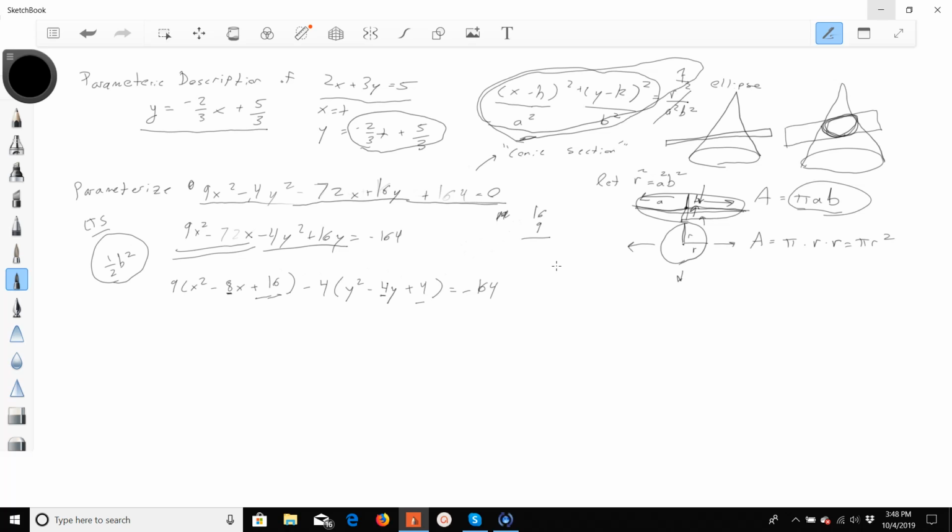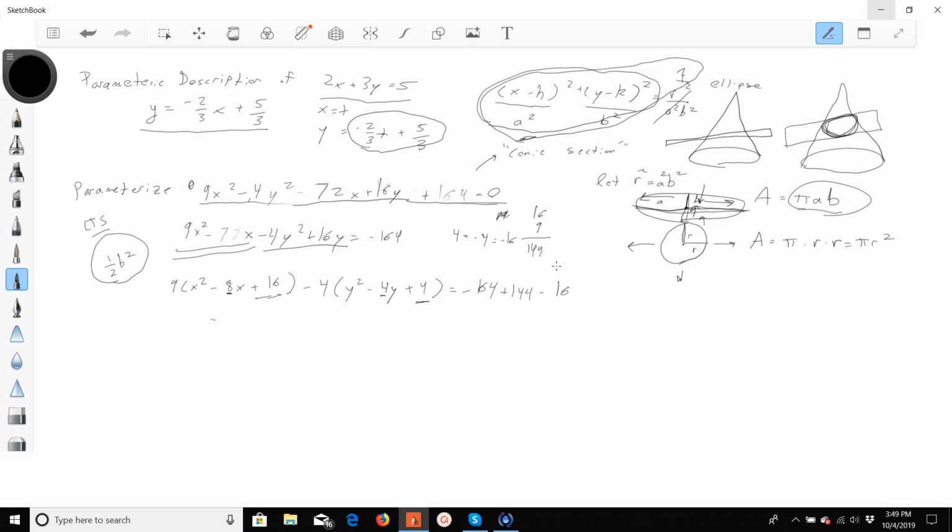And so 16 times 9 ends up being 144, because 16 times 10 is 160, subtract a 16 here, 144. So since I added that over there, I have to add it over here. And now, right here, I really added a 4 times negative 4, or negative 16. So in other words, I subtracted a 16 over here as well.